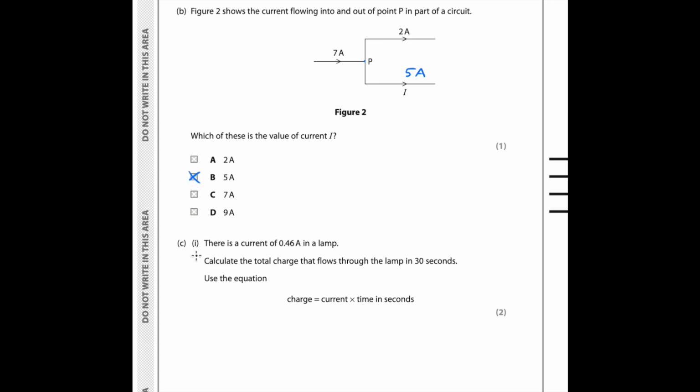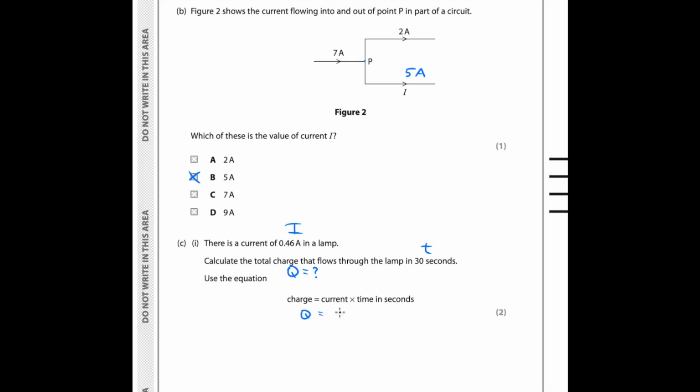Question C, part 1. There is a current of 0.46 amps in a lamp. So that's the current I. Calculate the total charge, so Q is our target, that flows through the lamp in 30 seconds, so that's T. I would always write down the symbols of the things you know, and then here is the equation to get the charge.